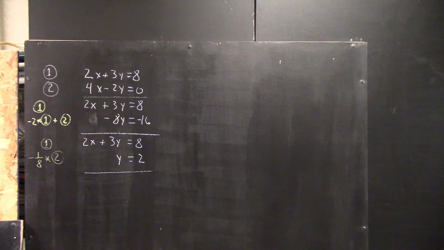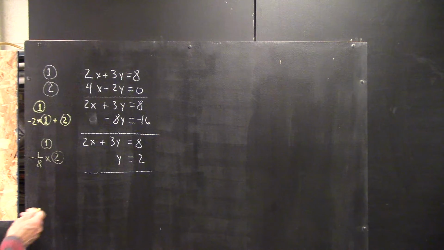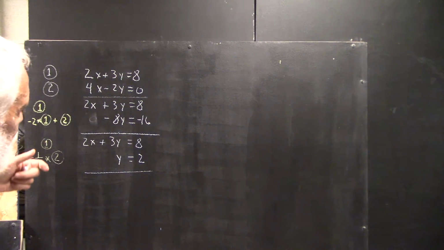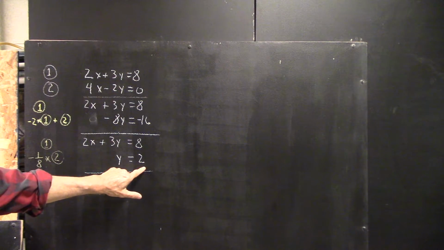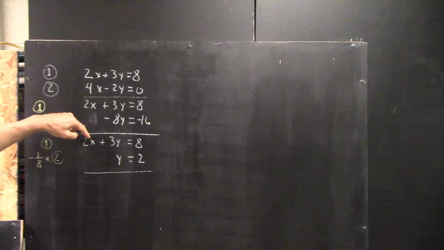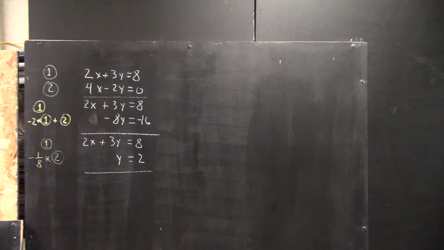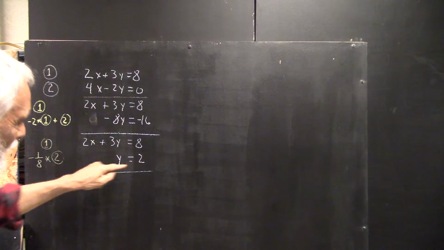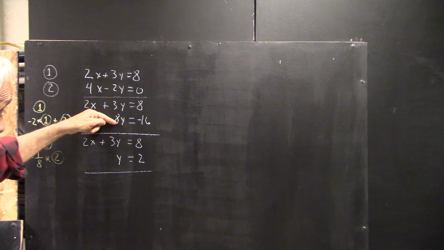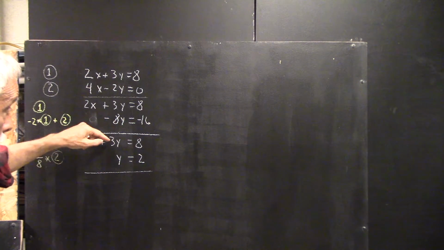I'm going to actually take this a step further. I only want one variable up here. I know what y is. I want to get rid of y here, so I have an equation that's just in x. I do that easily enough. If I multiply this equation by negative 3 and add it to this one, I'm going to have a negative 3y here and a 3y here.